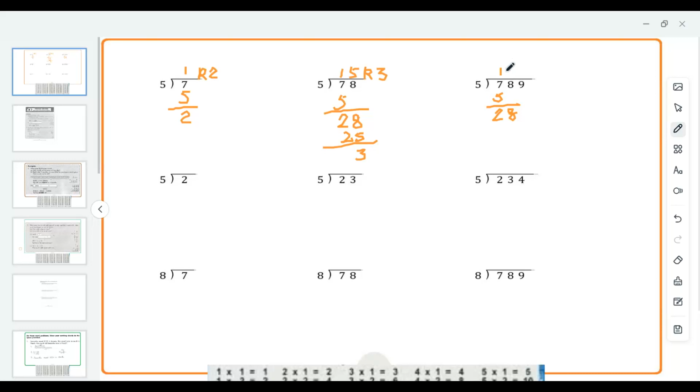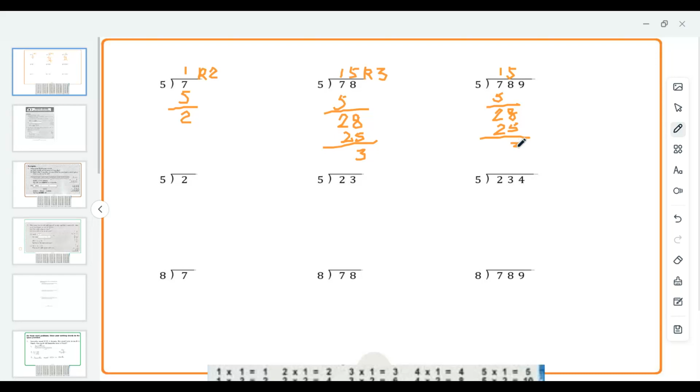There's 5 5s in 28. So 5 5 equals 25. 28 take away 25, left over 3.